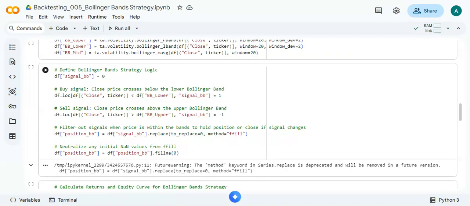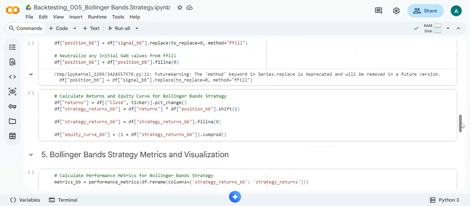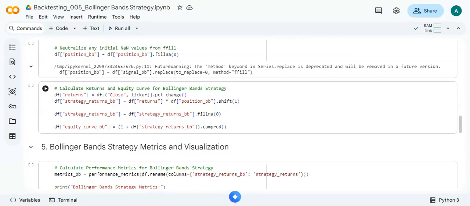Okay, the rest is more technicalities. We need to fill not available data with 0 to have more data availability. It's just standard. Here we define some functions for what we're going to see in terms of returns and equity curve, right? So I'll not stop here much.